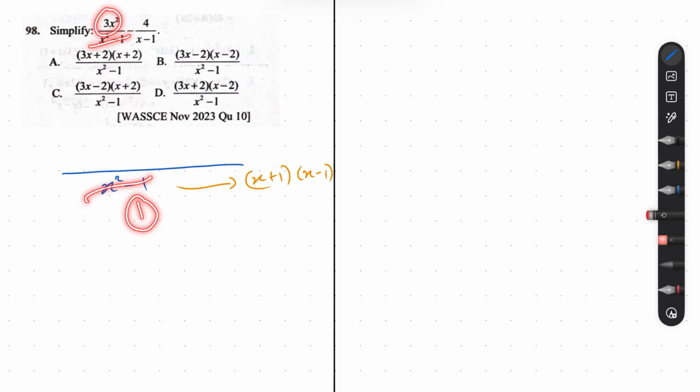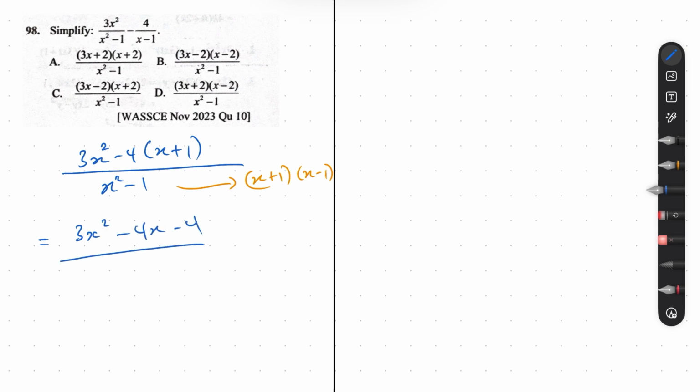So we have 3x minus, and here x minus 1 will cancel x minus 1, we are left with x plus 1, which will multiply 4. So let's simplify. 3x squared minus 4x minus 4 all over x squared minus 1.